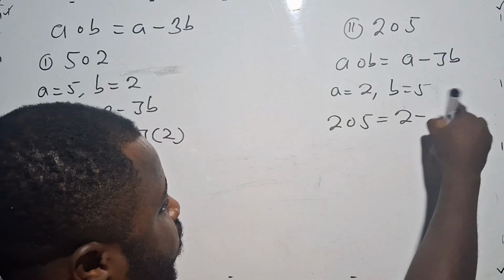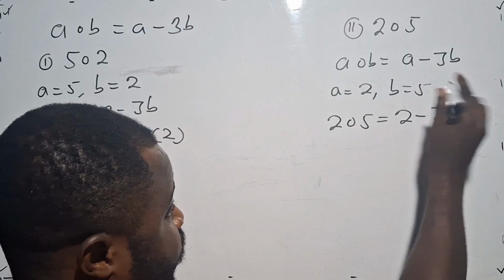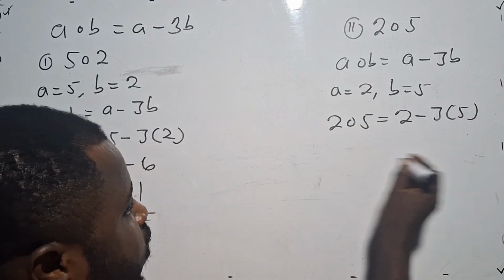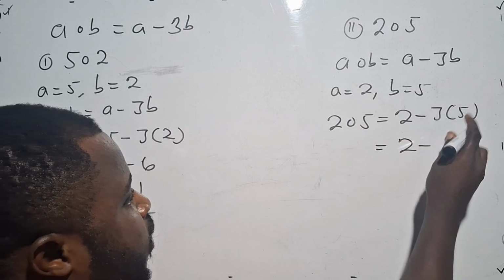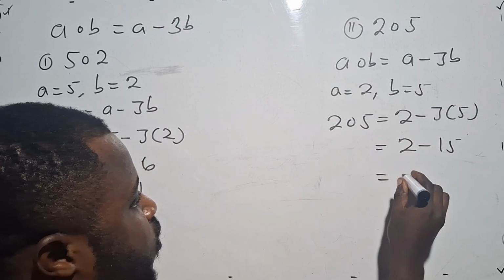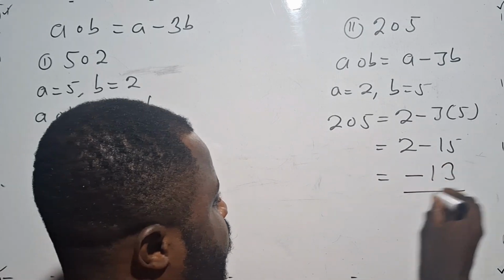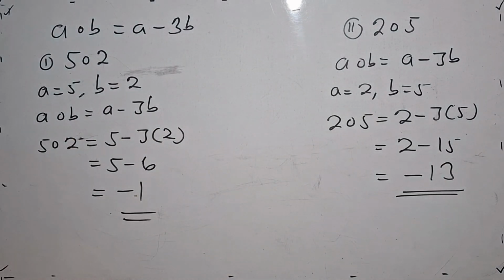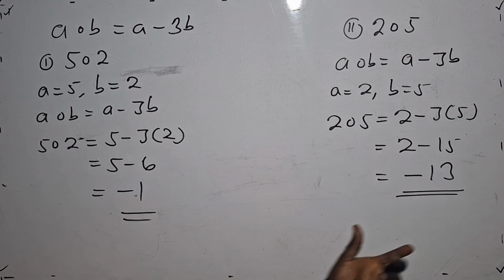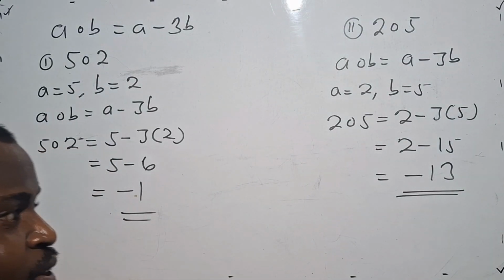Sorry, 3 rather. 3 times the 5 is 15. So 2 minus 15 will give us negative 13. The first one gave us negative 1, the second one gave us negative 13.